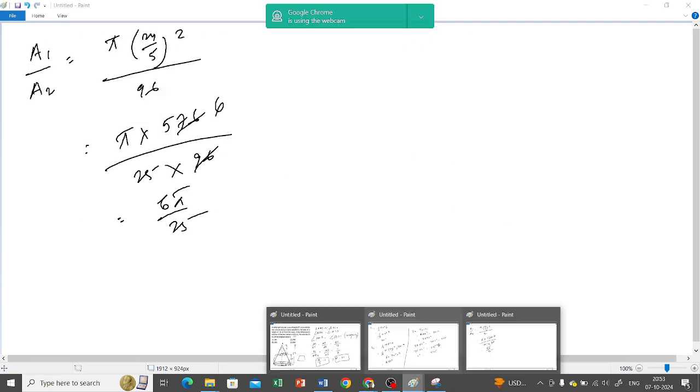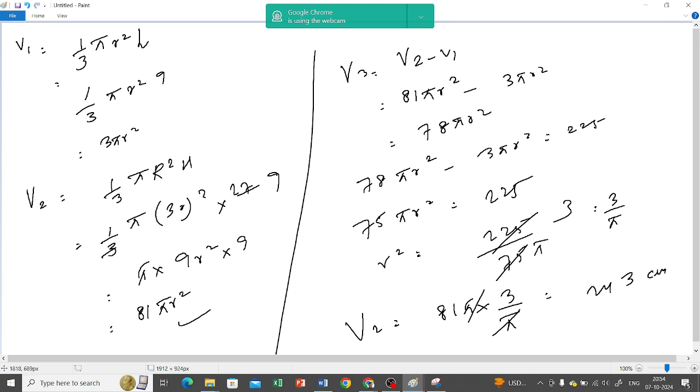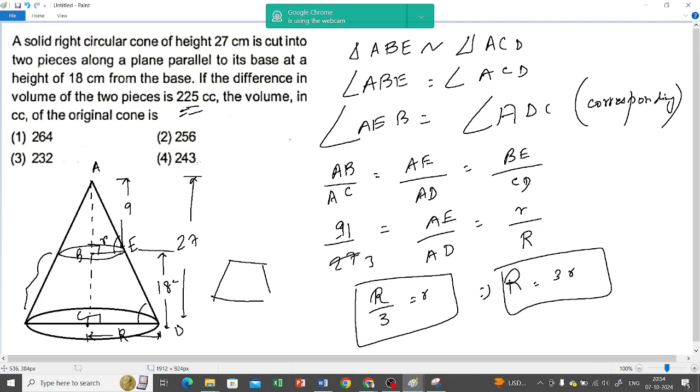So r square is 225 divided by 75 pi, right? So this is going to be 3 by pi. Small r square. I need to find out V2. So V2 is 81 pi into small r square, and I directly have the value of small r square. So pi gets cancelled out. 3 into 81 gives 243 centimeter cube. So that is the answer.